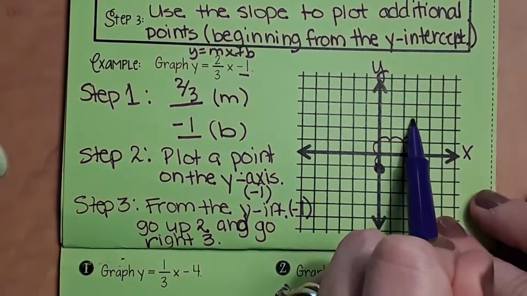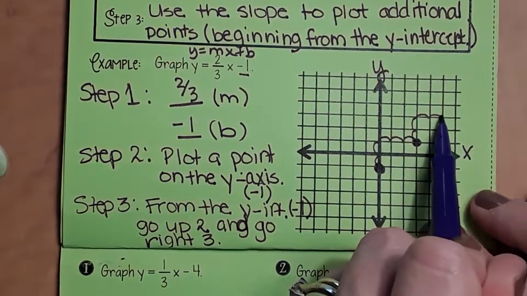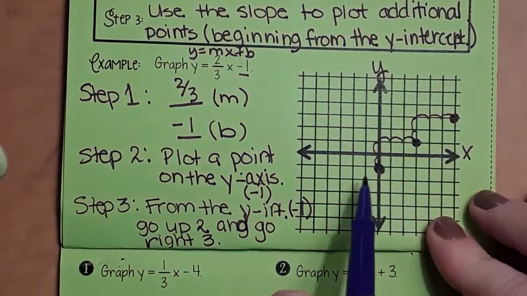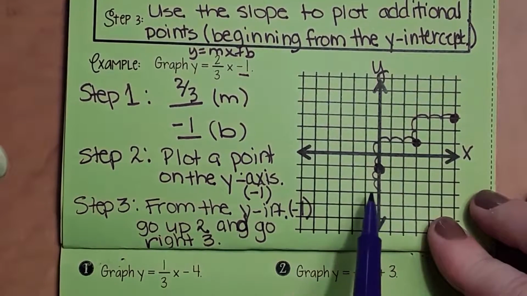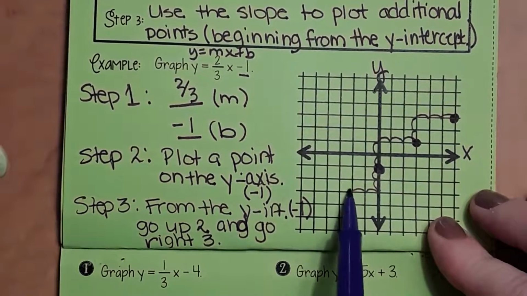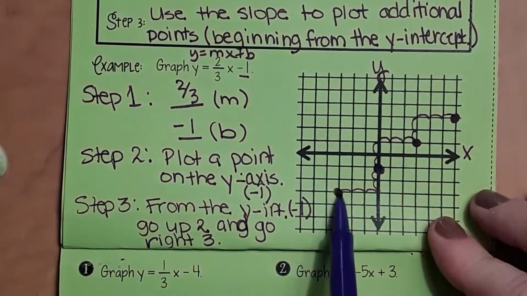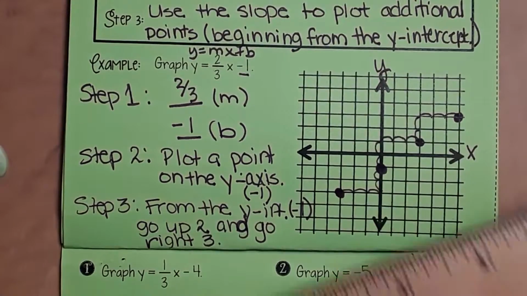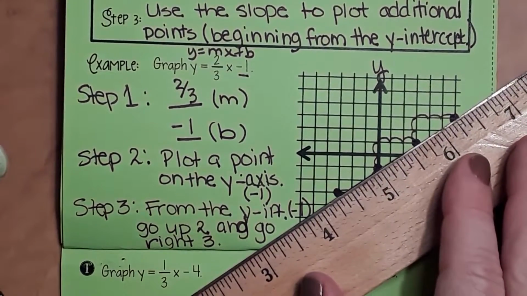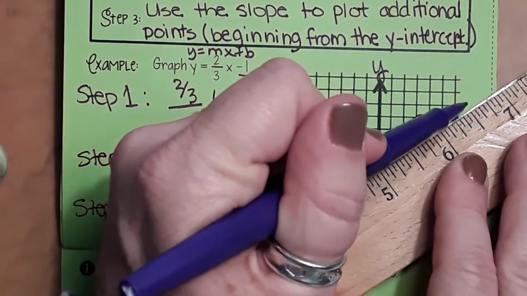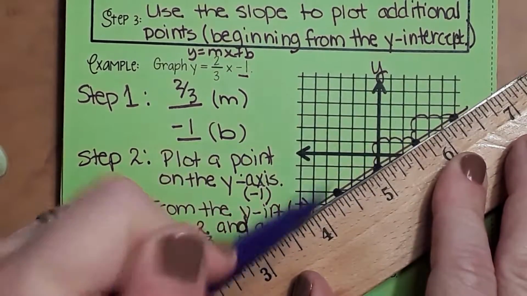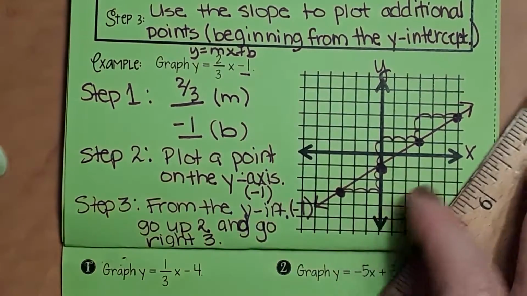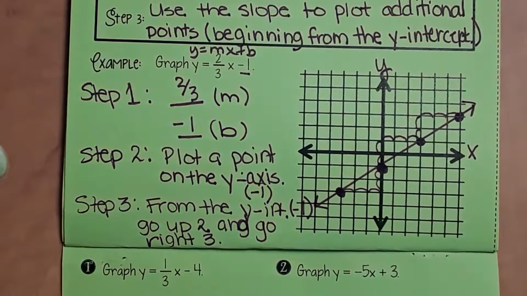Go again, up 1, 2, to the right 1, 2, 3. If I can't go up and to the right, then I'm going to go down 2, down 1, 2, and to the right 1, 2, 3. 3 points is good. 4 is fantastic. So go ahead and take that ruler as your straight edge and draw the line. Make sure you're going all the way past the point with slope. If my graph was bigger, I could go up and to the right or down and to the left even more.